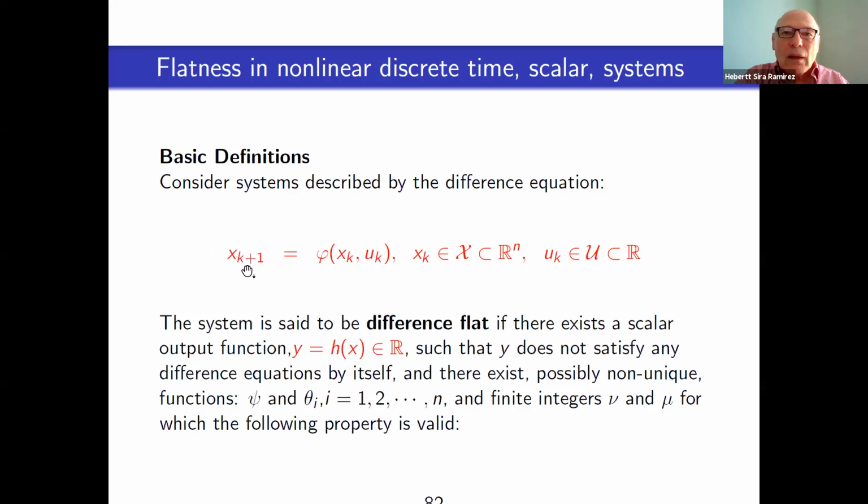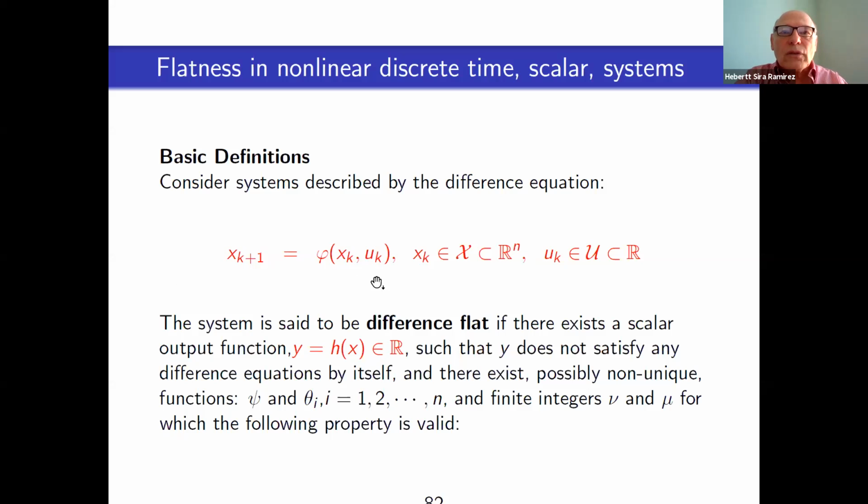Of course, the way that flatness manifests is in the possibility of completely linearizing this nonlinear dynamics without any presence of zero dynamics. Total linearization, clean total linearization. Of course, assuming for the time being that your system is not perturbed.